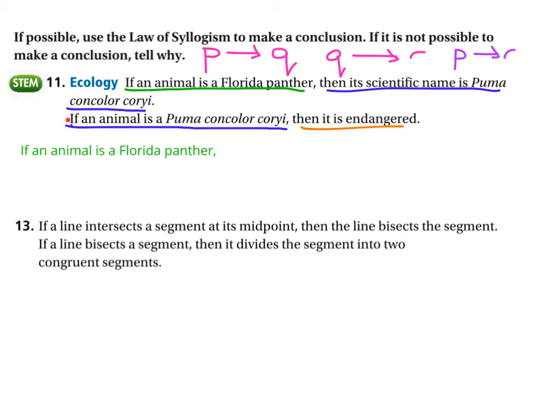So if this, then this, and therefore if this, then this means if this, then this. So we've gone right to, oops, it's endangered. Sorry, there you go, just changing colors. Then it is endangered.